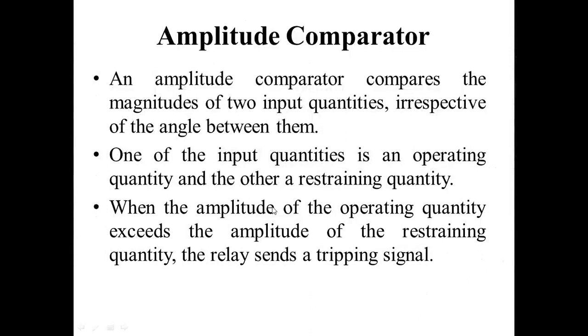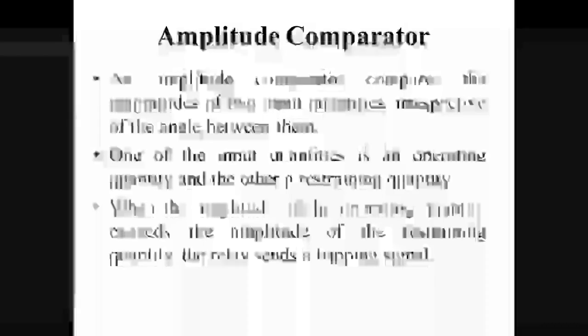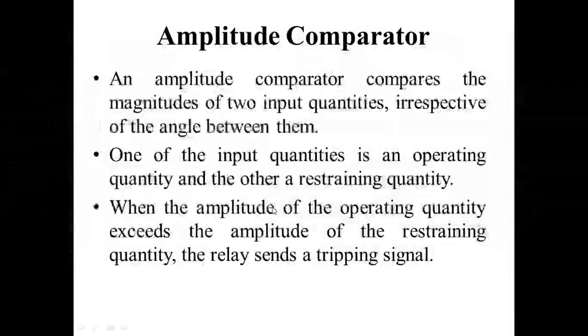Only the magnitude of the two quantities has to be compared. One of the input quantities is the operating quantity and the other quantity is the restraining quantity.